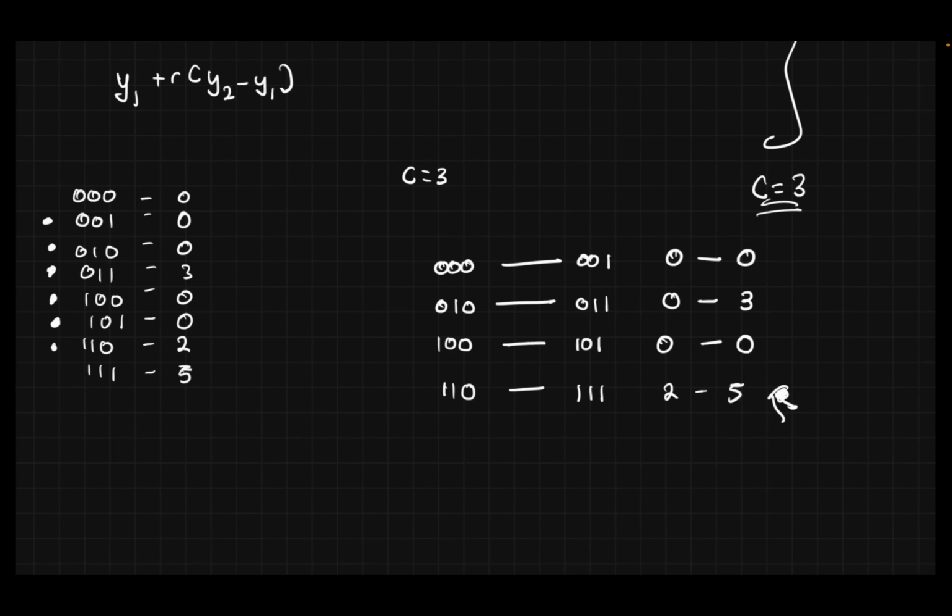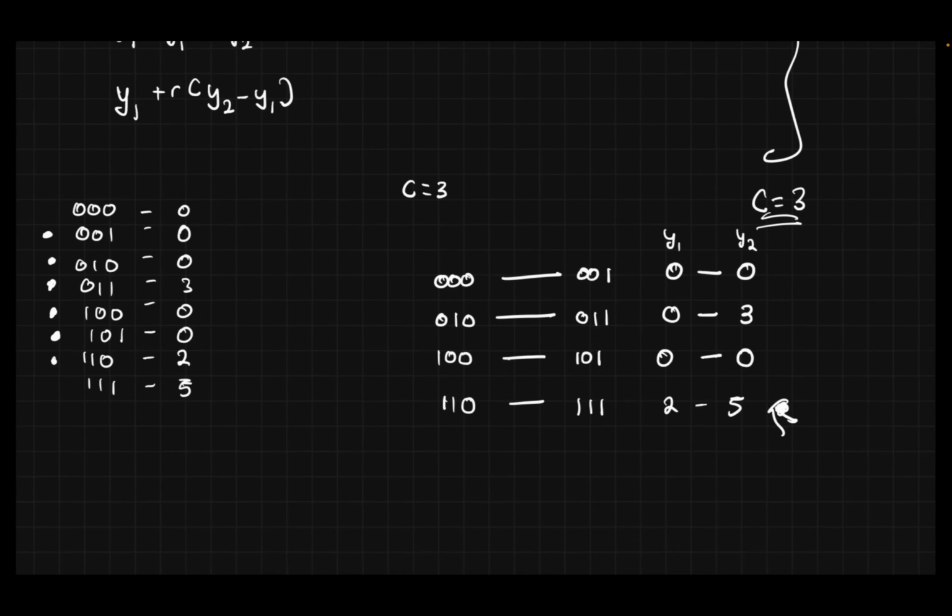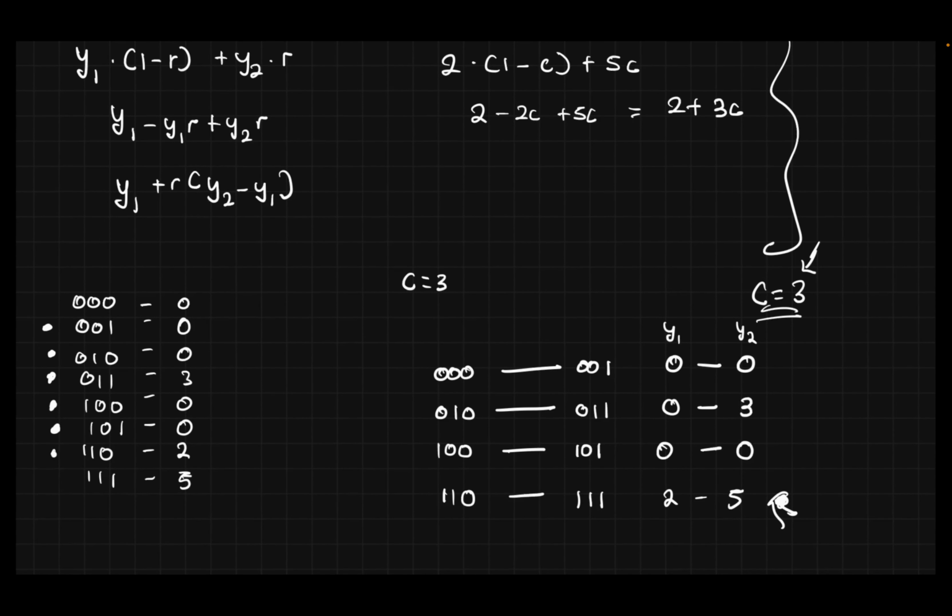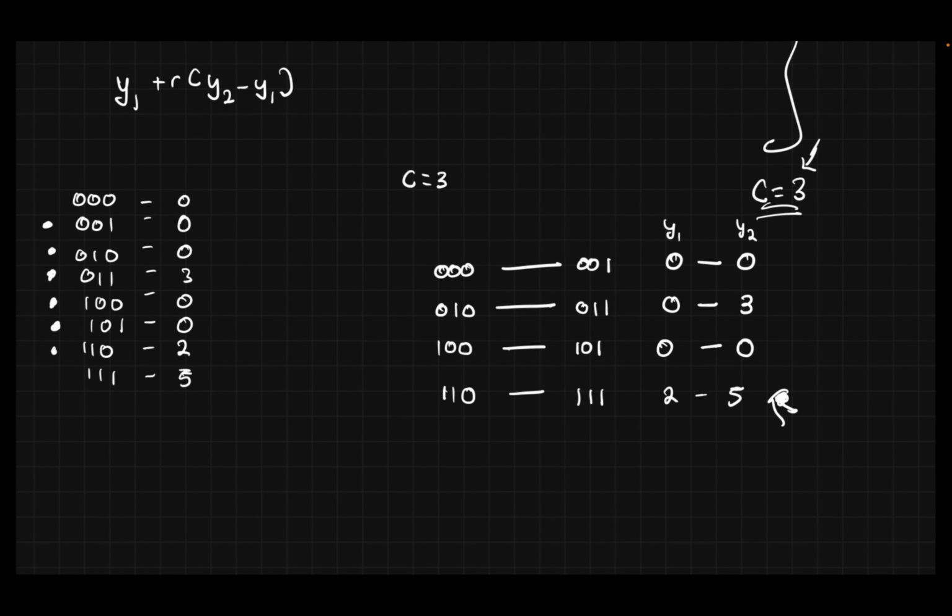So let's continue. This is y1 and this is y2, right? So we need to solve all of them. And r is what? Does this make sense? We're partially evaluating at 3. So what we do now is we just use this formula.